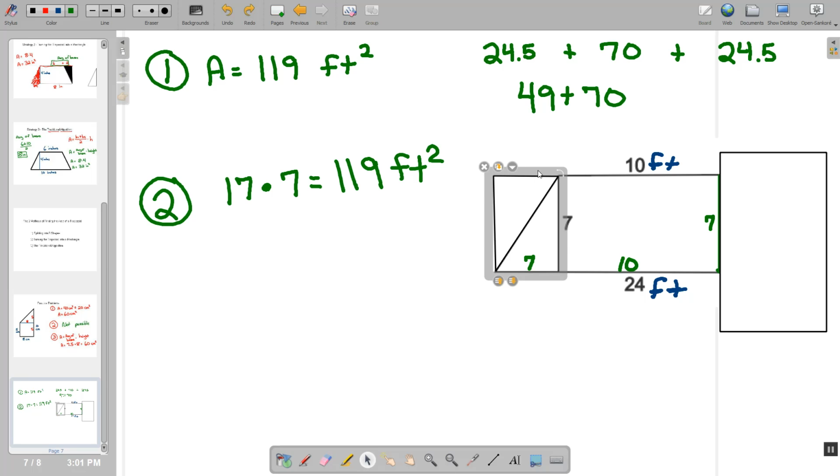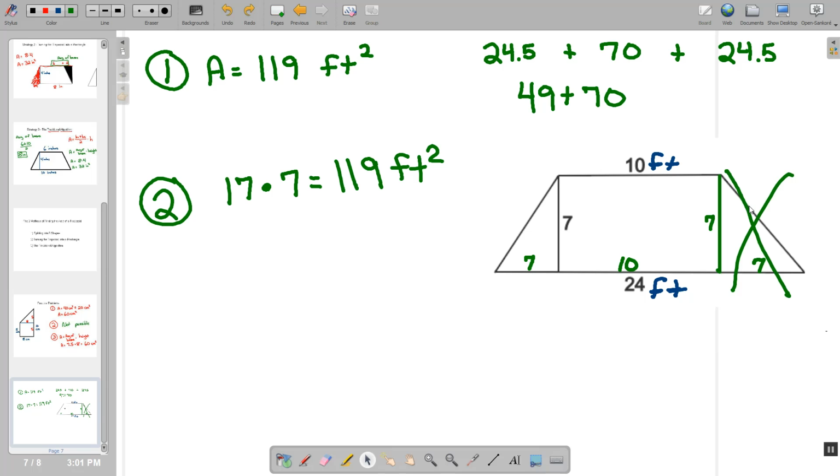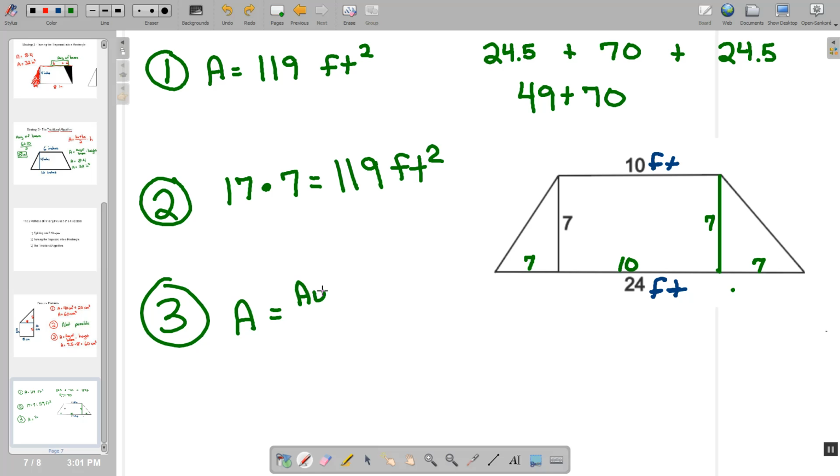So let's delete that triangle and that one for our final method, which is the traditional algorithm. And for the traditional algorithm, once again, we're doing the average of the bases times the height of the trapezoid. Well, the bases are 10 and 24.